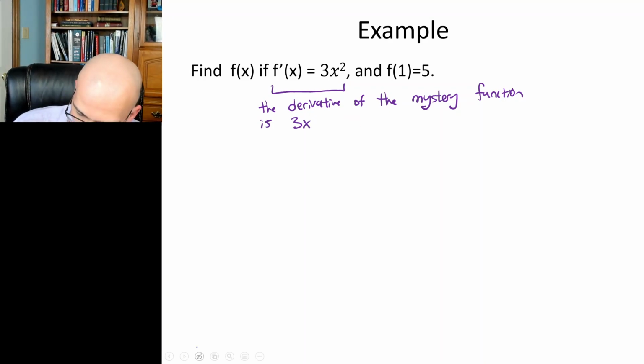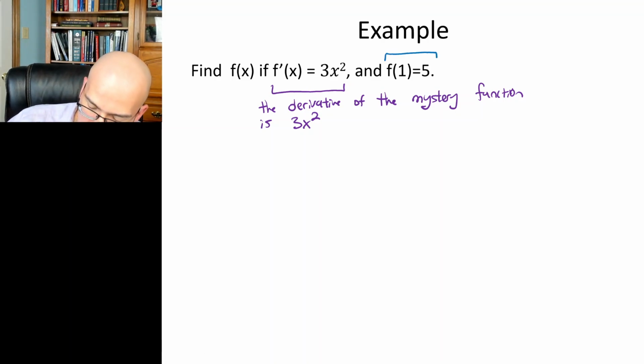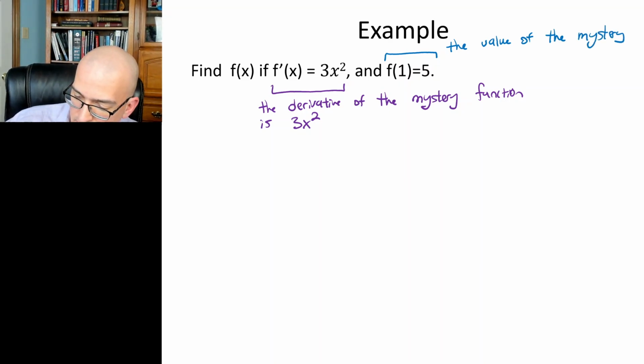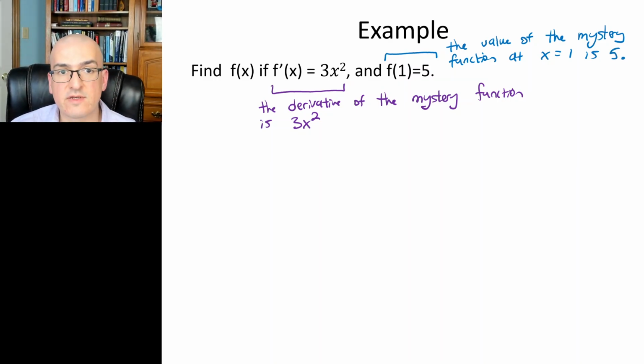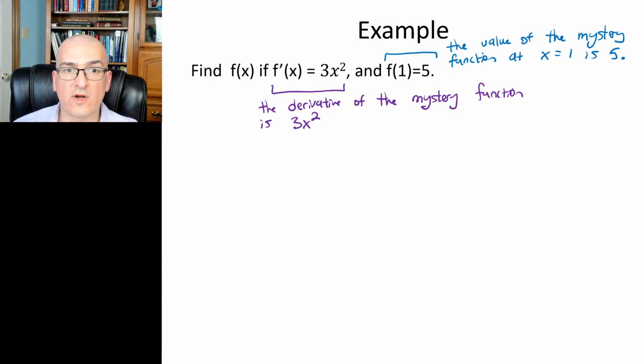Okay, and the second part is that the value of the mystery function, so the y value or the output, at x equals 1, so that's the thing being plugged in, is 5. So the height of the function at x coordinate of 1 is 5. Or another way to say this is that the function passes through the point (1, 5).